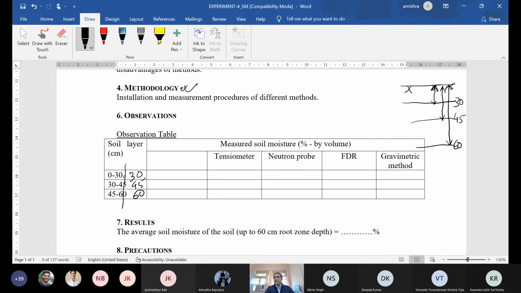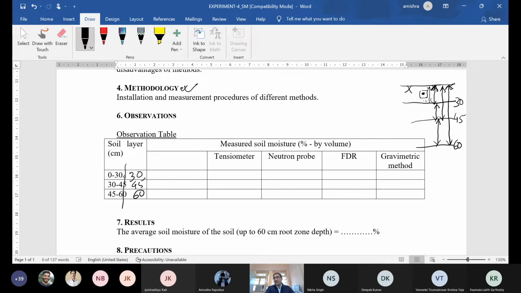So here we have the first layer from 0 to 30, the second layer from 30 to 45, and the third layer from 45 to 60 centimeter. So for a representative point, with any method we can measure at the center of the layer and multiply by the depth. That gives the right information: what is the average soil moisture content of this particular layer.